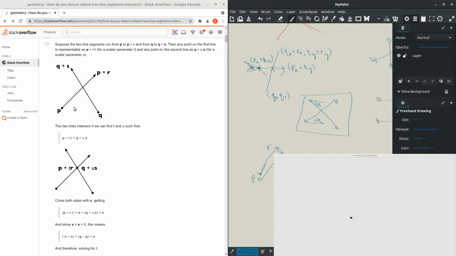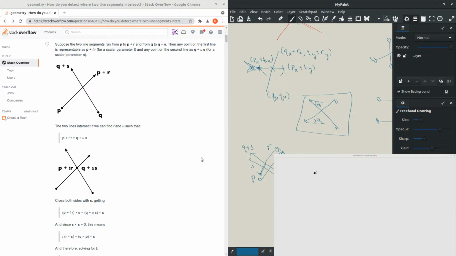And that's why this line is defined as p plus r. So this position can be defined as p plus r, right? And the same thing happens here with our q and s, which we'll define as q plus s here. Okay, so we're on the same page there.